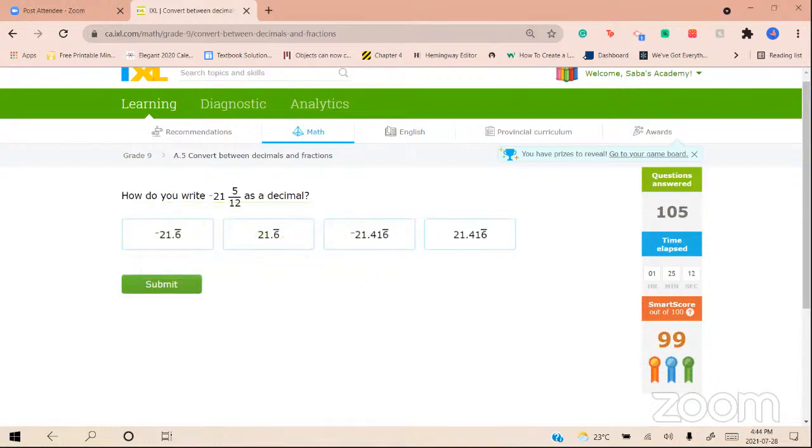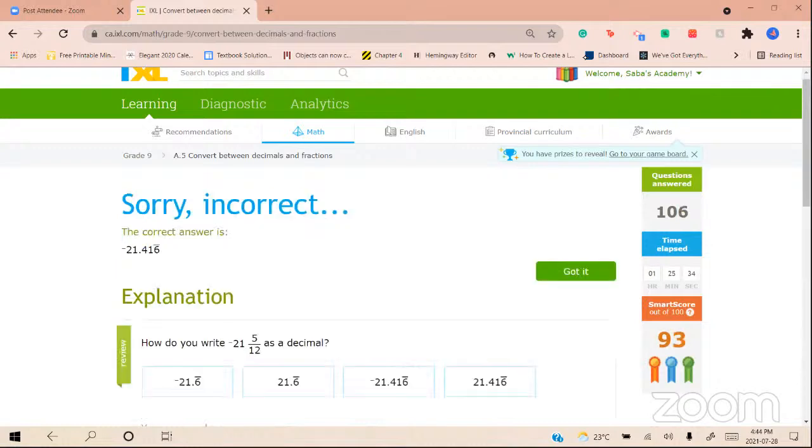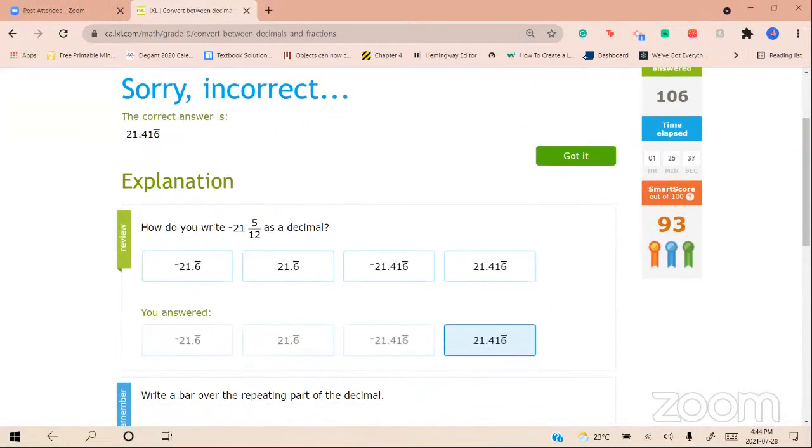Very good. Last one. How do you write negative 21 and 5/12 as a decimal? Like the last one. Okay, so it's not the last one.